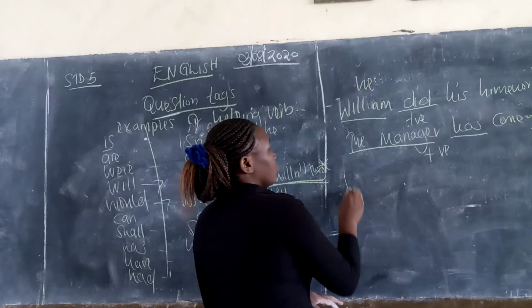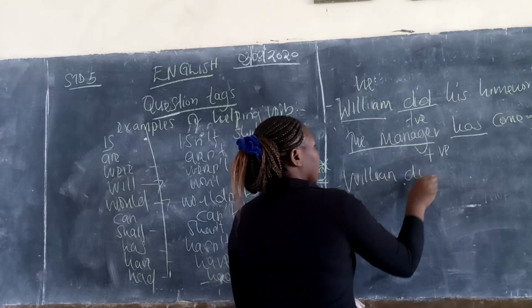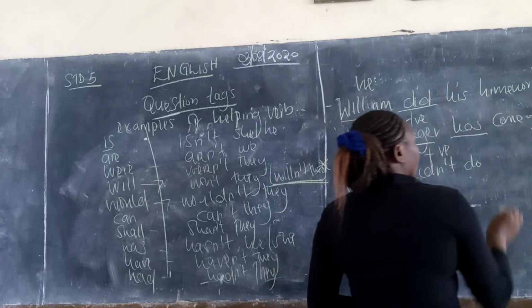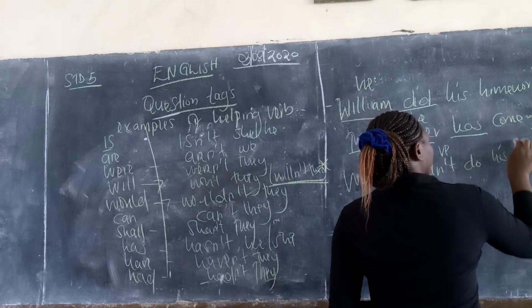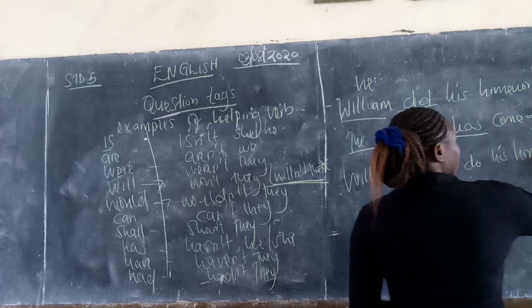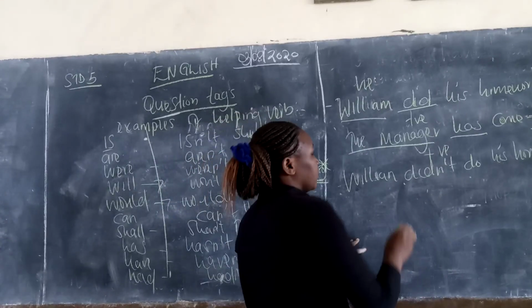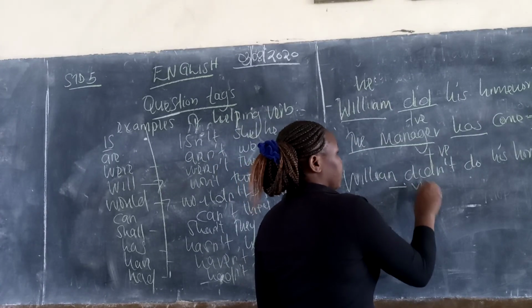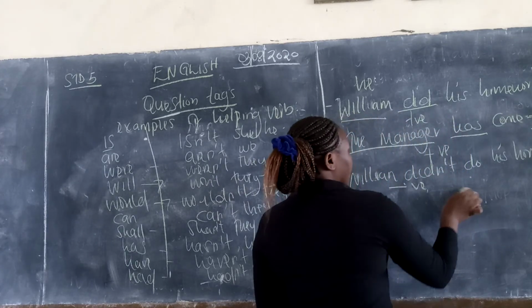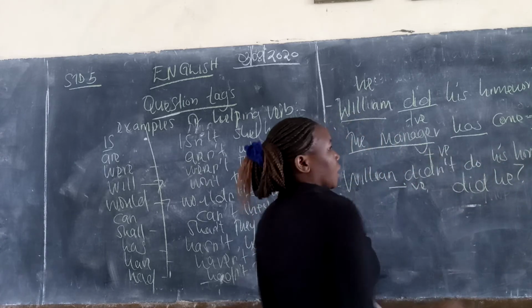William didn't do his homework. Here our statement is in negative form, so we have to get the positive. So our answer is did he?